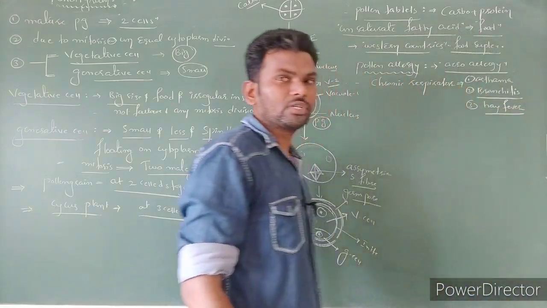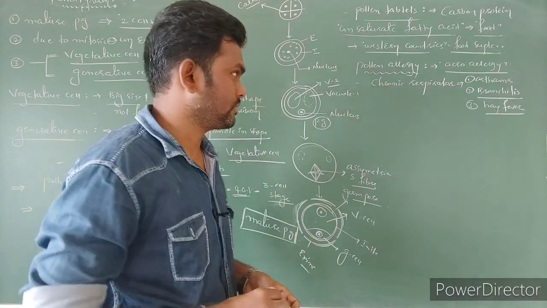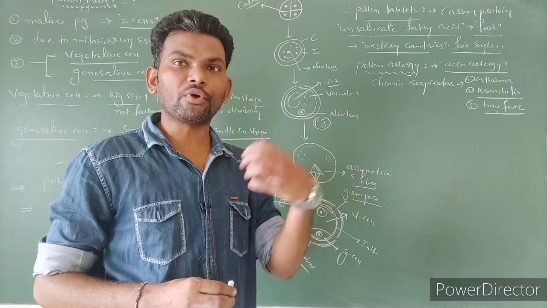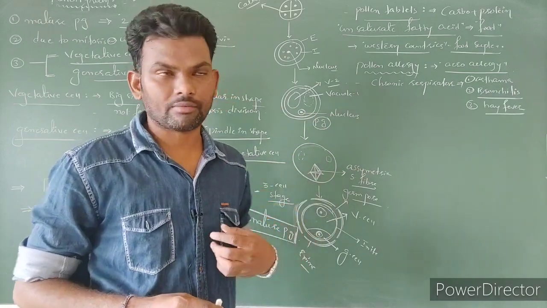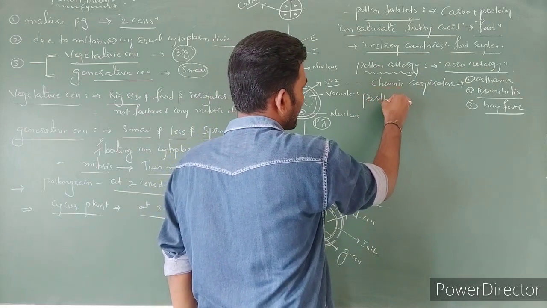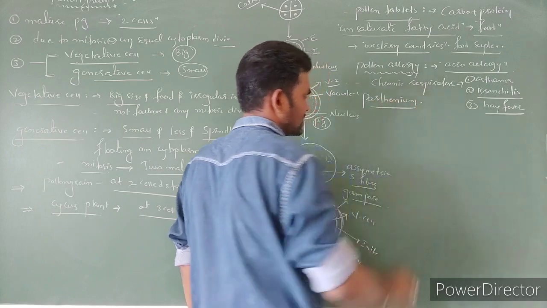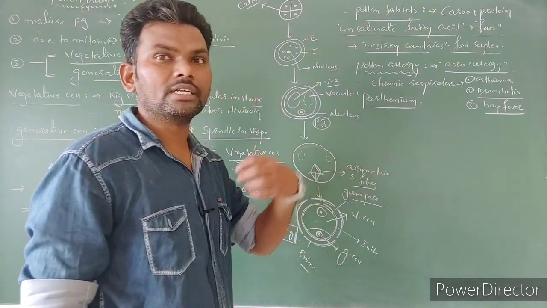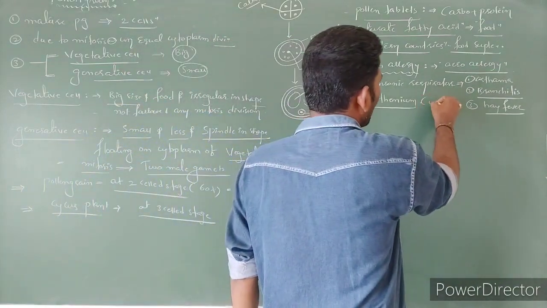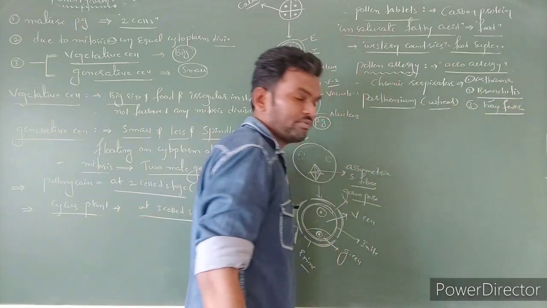The hay fever is caused by Congress grass, Parthenium hysterophorus. The Parthenium plant entered our country through the import of contaminated wheat. The plant name is Parthenium, also called Congress grass, which causes hay fever.